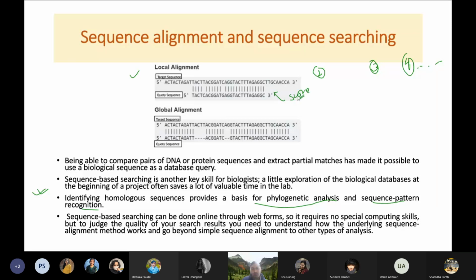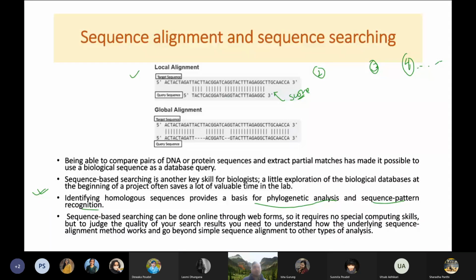On the basis of that score, you must come up with a certain kind of inference: whether this is a good score or not, whether on the basis of this score you can deduce homology or not. That's the post-alignment task that you need to do. This is one of the most important skills that you learn in this course.